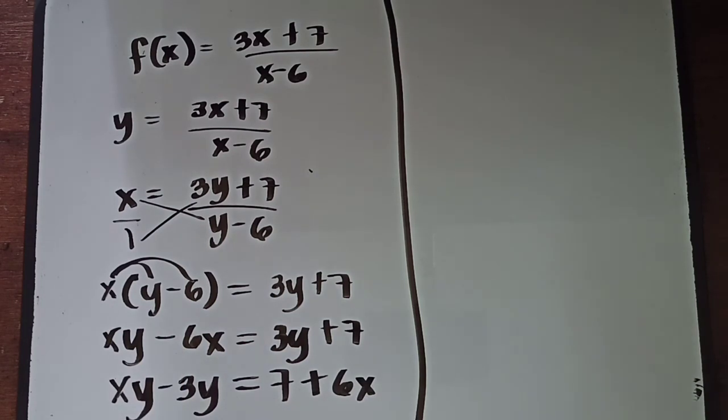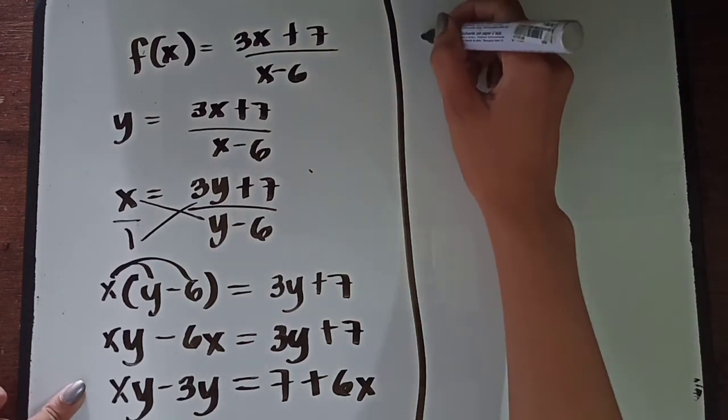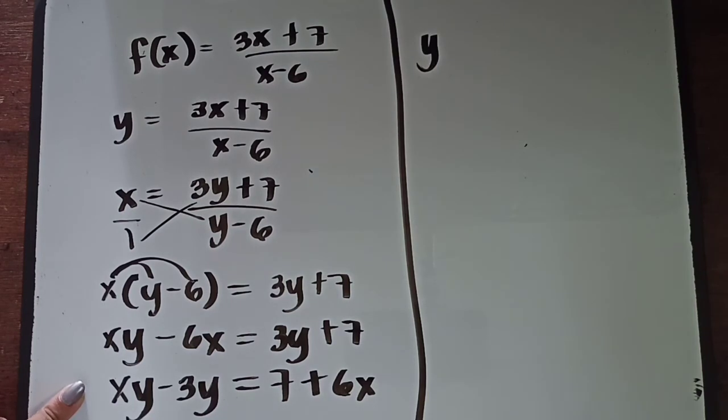Okay, so next, kung mapapansin nyo, si xy minus 3y ay mayroong common factor. So, ano yung common factor sa kanilang dalawa? Common factor is y. Okay, so since they are common in y, ilalabas ko si y. Ano na lang matitira dito?